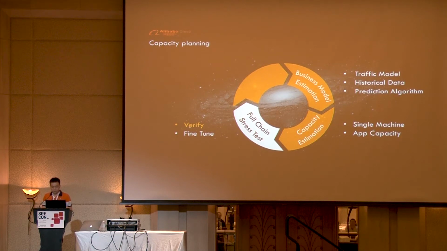We use a full chain stress test to simulate end-user behavior in big promotion events, so we can verify the capacity estimation made in stage 2, and also fine-tune the machine numbers to reach an optimized value.